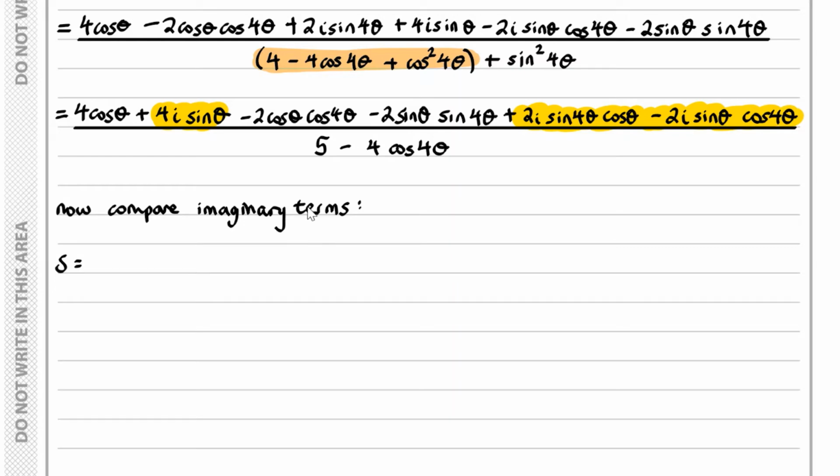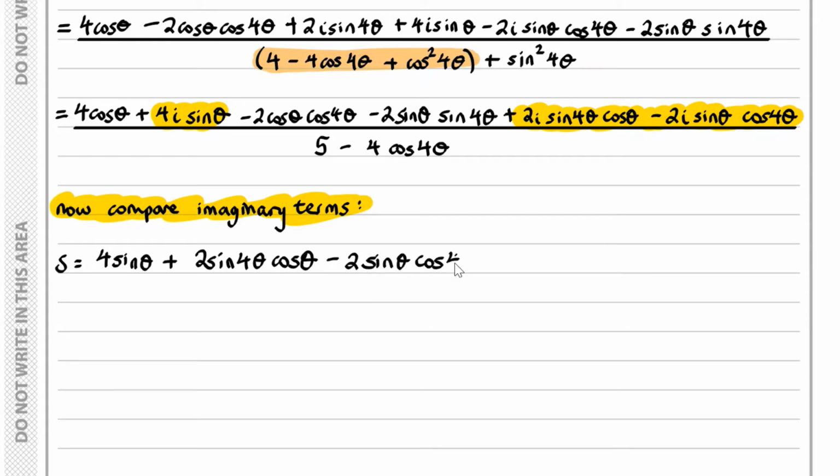Okay, so s is equal to, if we now compare imaginary terms, s is equal to 4 sine theta plus 2 sine 4 theta cos theta minus 2 sine theta cos 4 theta.